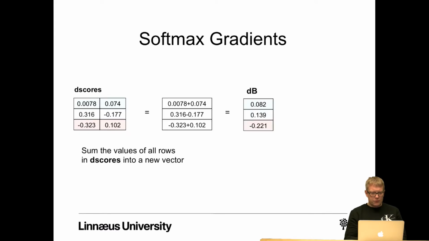The biases should be changed by the sum of all rows in the d-scores matrix, and now we get a vector defining how we should change the bias values.